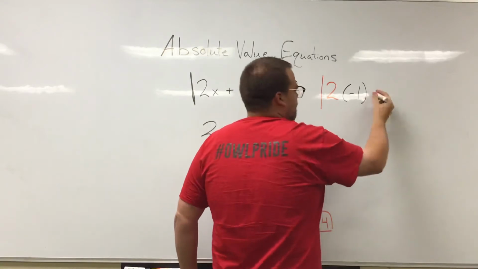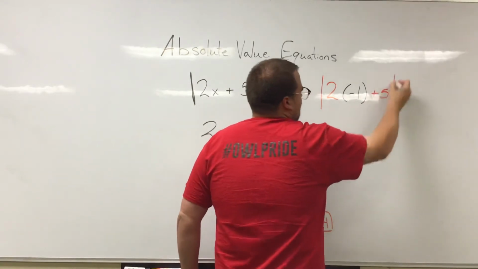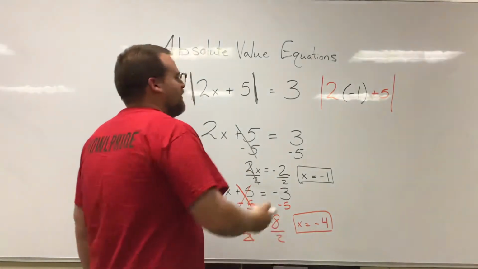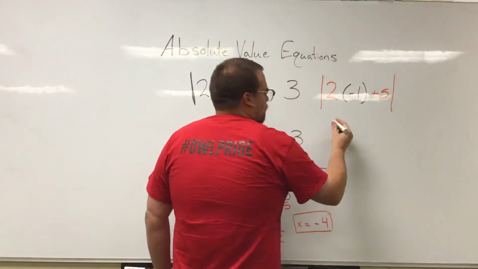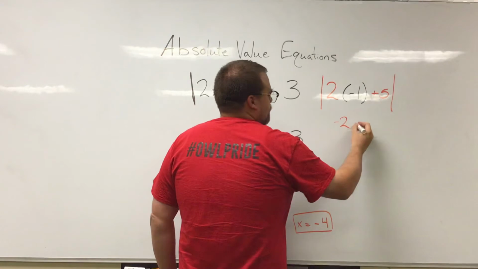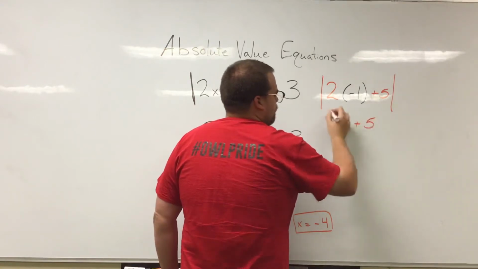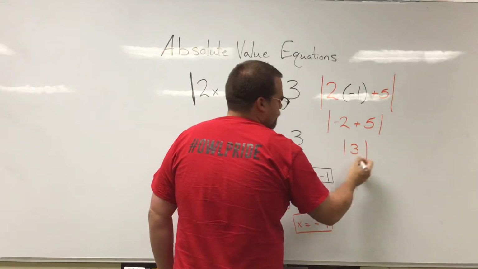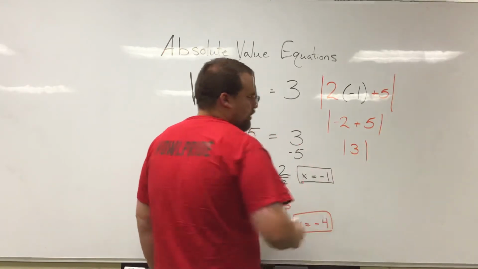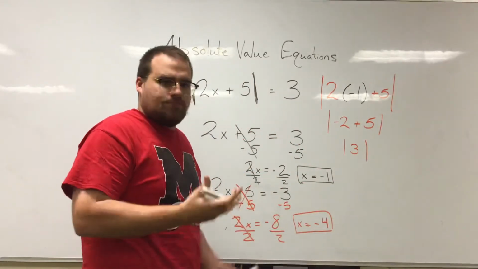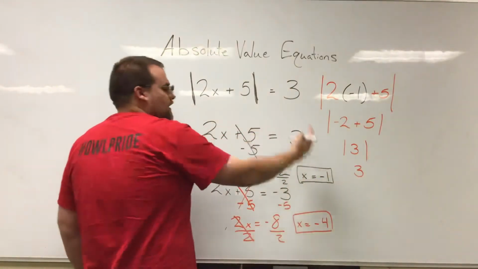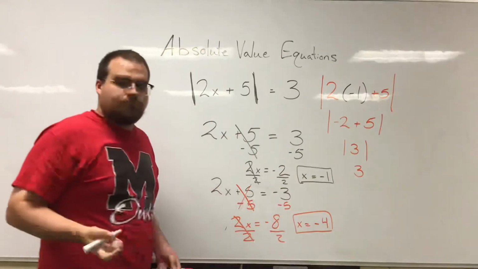There we go. I just changed the color for what I substituted in. 2 times negative 1 makes negative 2. And negative 2 plus 5 is 3. The absolute value of a positive 3 is just 3 because it just keeps it positive. So look at that. We got to our right answer, right?